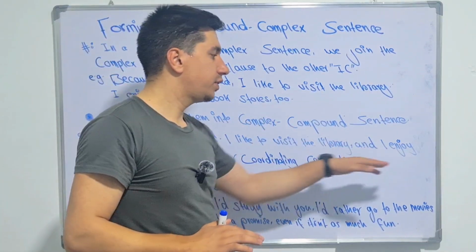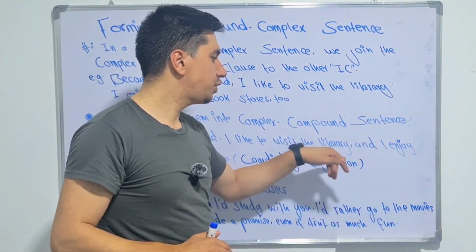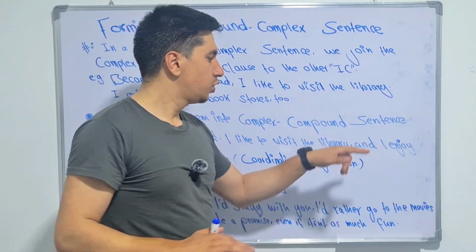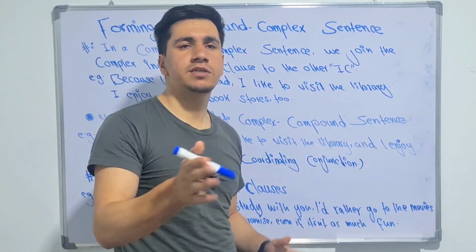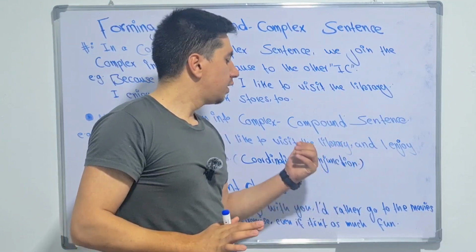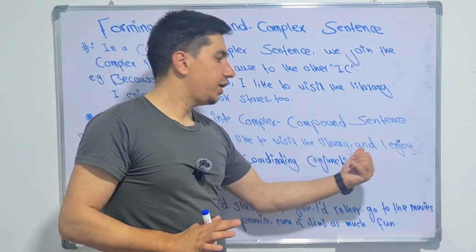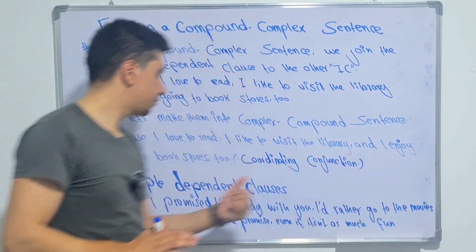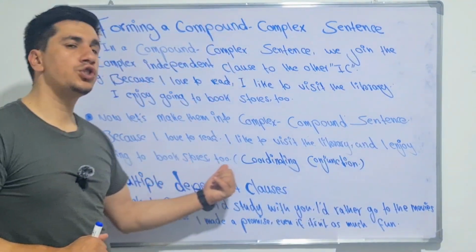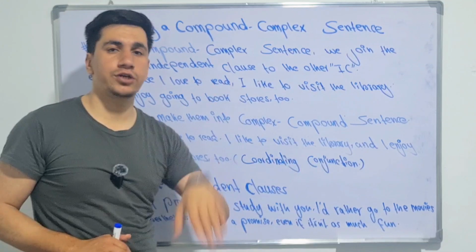So there are two simple sentences, and we would like to connect them. We can connect them with a coordinating conjunction: I like to visit the library, and, with a comma, I enjoy going to bookstores too. It is a coordinating conjunction.